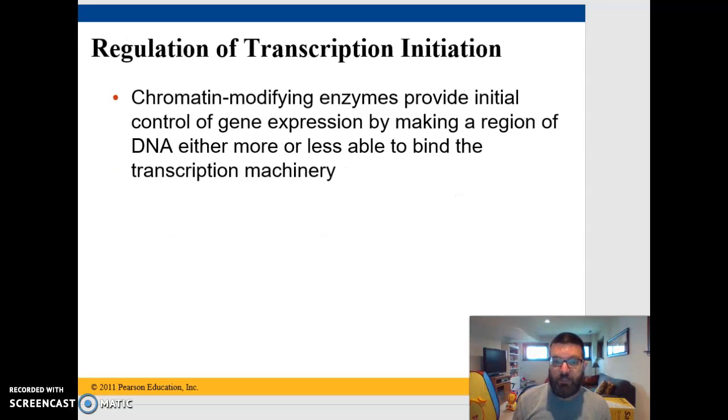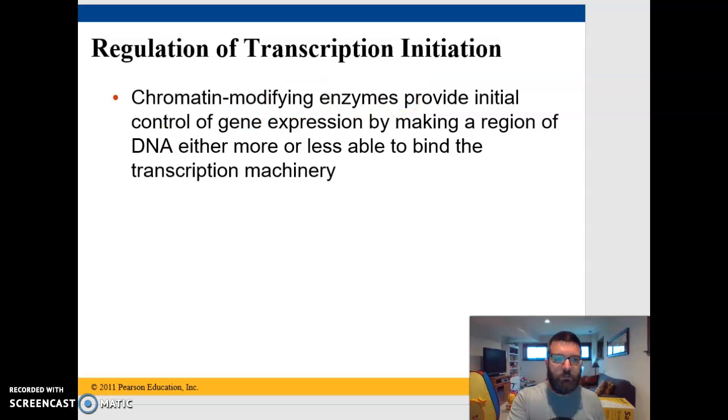The next spot down the line where you can regulate gene expression, and this is probably the most common, is regulation of transcription. So even if DNA is a little bit loose, is RNA polymerase able to bind and create an mRNA transcript or not? Well, we talked about how prokaryotes regulate transcription with operons.